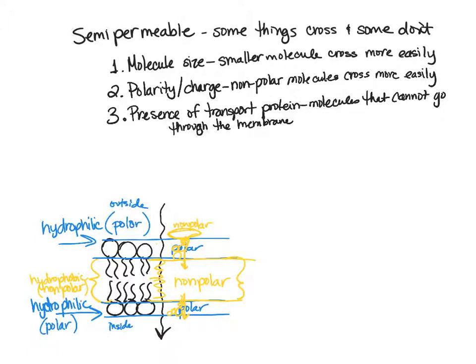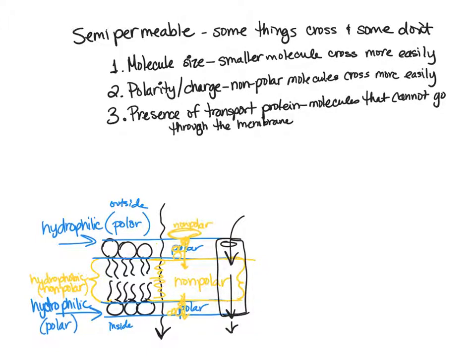So they can cross through openings formed by these transport proteins that we just talked about. So we end up having a protein in here, and then it's able to go through kind of like a tunnel and get into the cell through this transport protein. So it doesn't matter if it is a very, very large molecule, it doesn't matter if it is a polar molecule, it can then hopefully get through because of a transport protein.